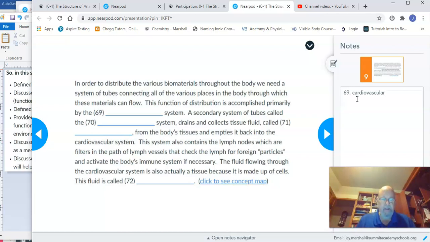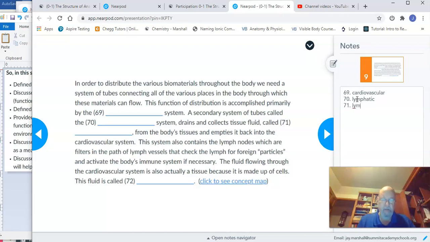Now, there's actually a secondary system of tubes, and this secondary system is called the lymphatic system. This drains and collects tissue fluid, and this tissue fluid we're going to call lymph.